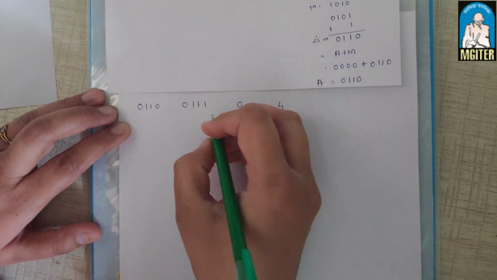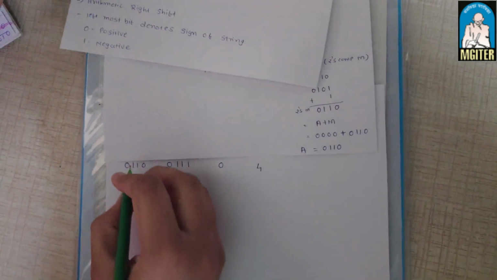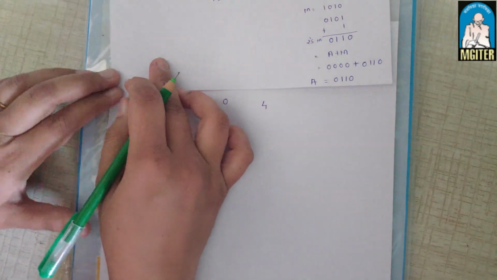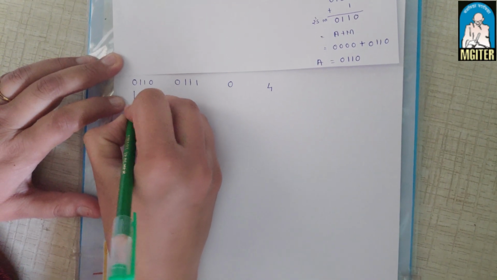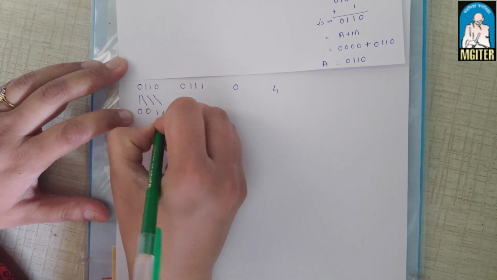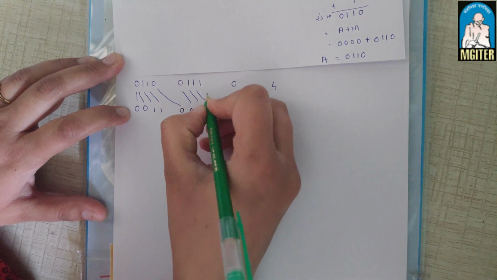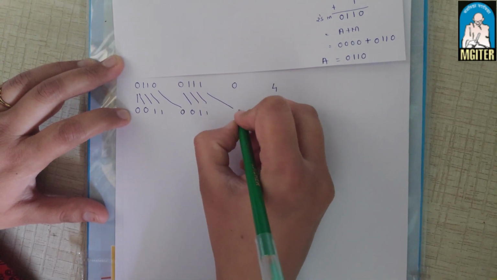After performing this A is equal to A minus M, we have to perform the arithmetic right shift operation. For the arithmetic right shift, this is 0, we are replicating this 0 here, this is 1, this is 1, this 0 is here, this is 0, 1, 1, and this 1 is replicated here.